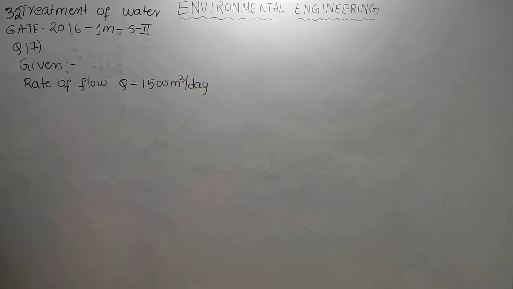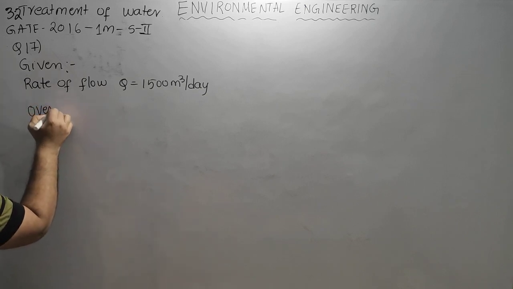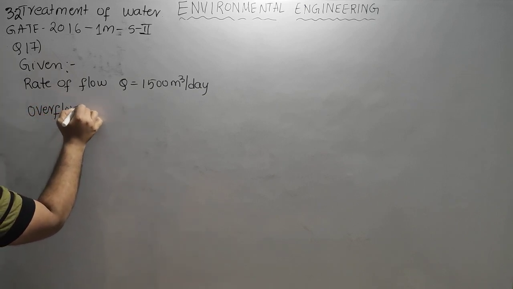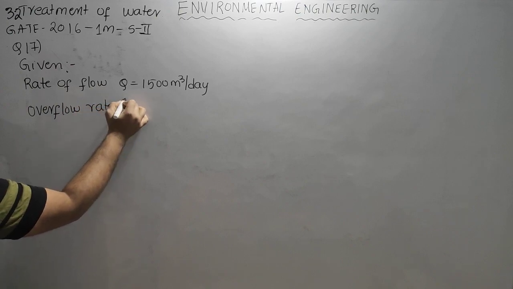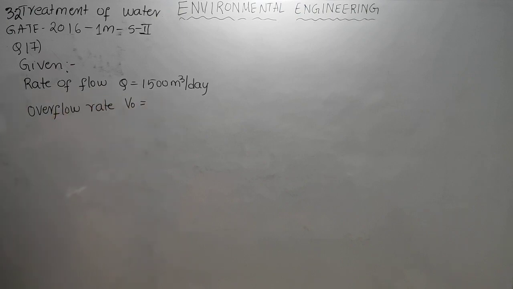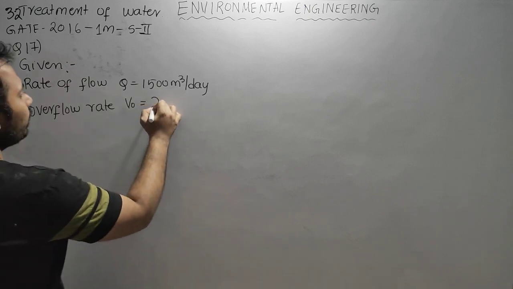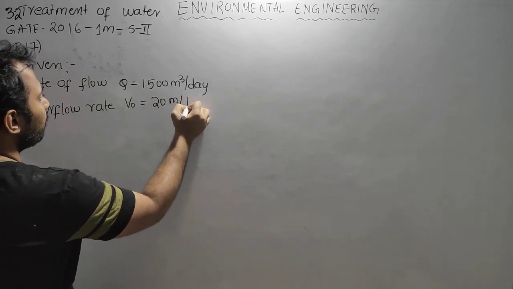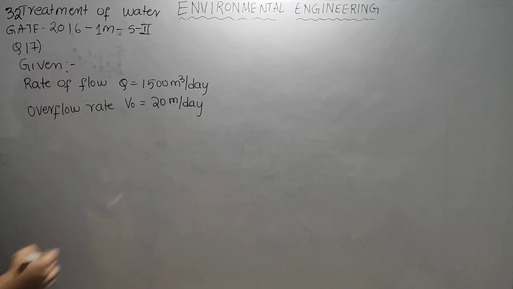A settling column analysis indicates an overflow rate. So overflow rate is given, that is V naught. V naught is how much? 20 meter per day.